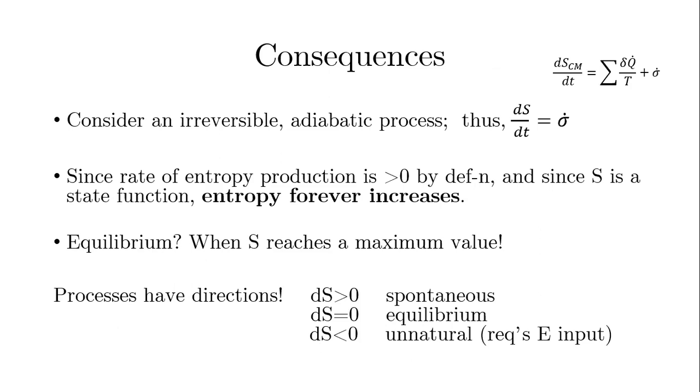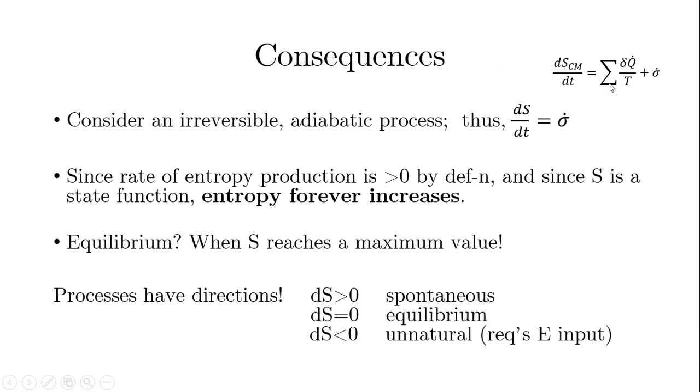Okay, so let's talk about some important consequences. If I have an irreversible process, which again is most processes, then this sigma dot term has to be there. And by definition, I can only generate entropy. I cannot destroy entropy. So this has to be a positive value. If it's adiabatic, then all these Q's go to 0. I have no heat transfer.